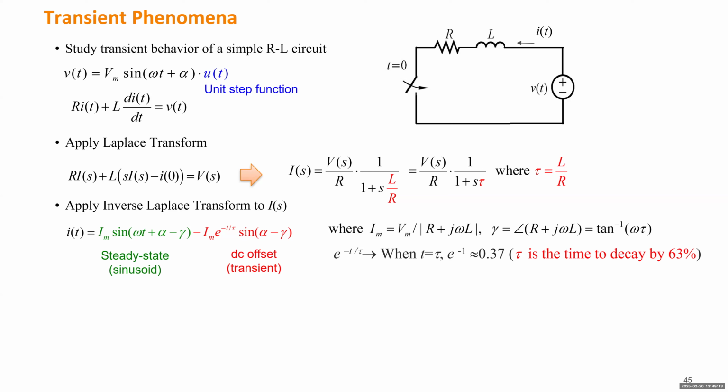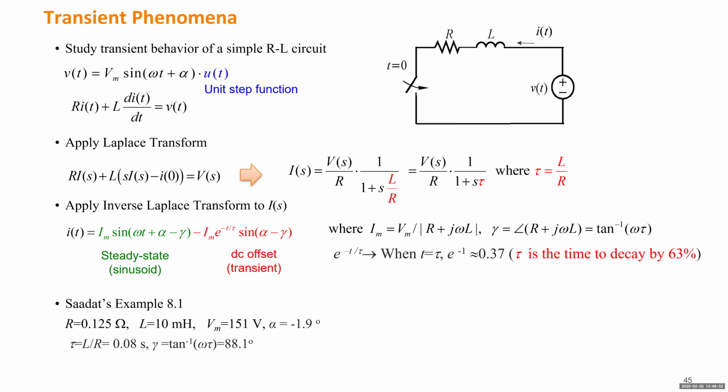So roughly speaking, tau is the time taken to decay the majority of the dynamic. That's why we can use tau to measure the time duration for the transient dynamic to decay or disappear. Maybe after a couple of tau, the dynamic will disappear.